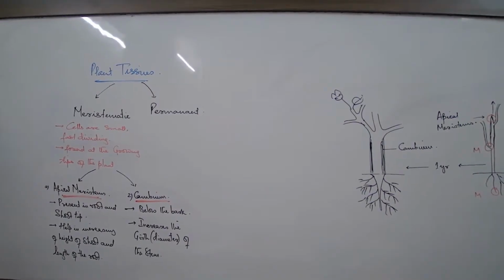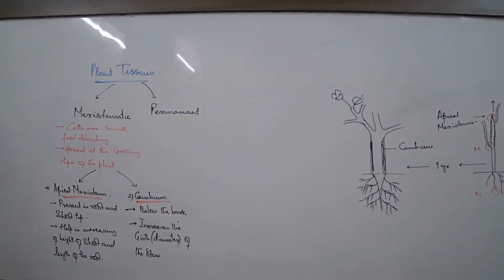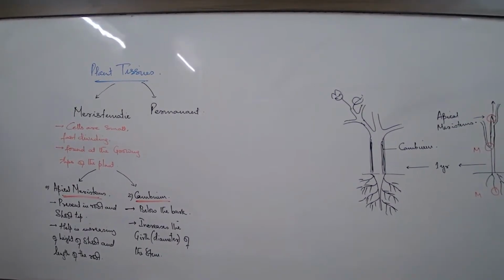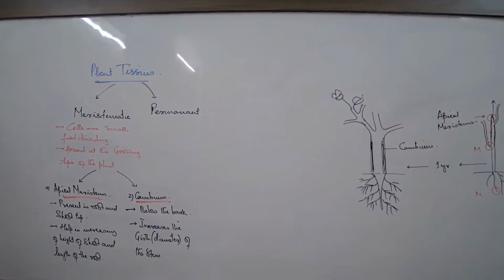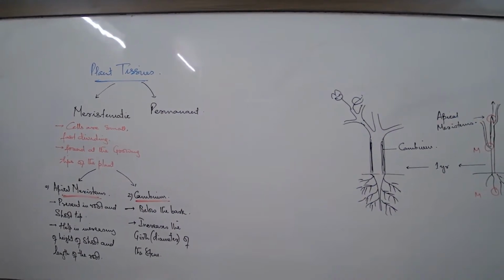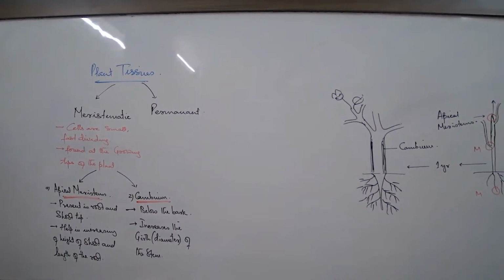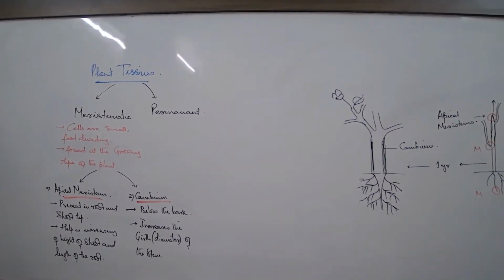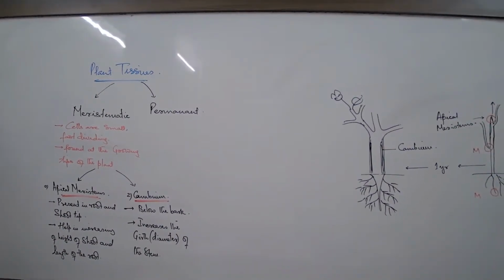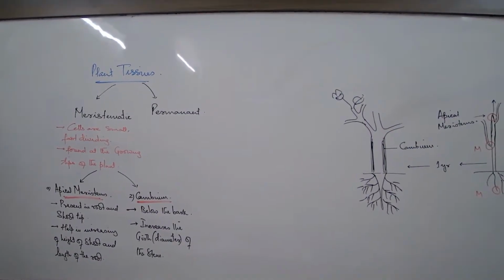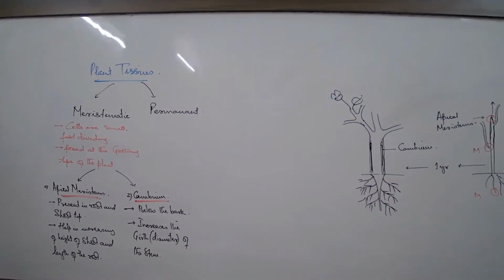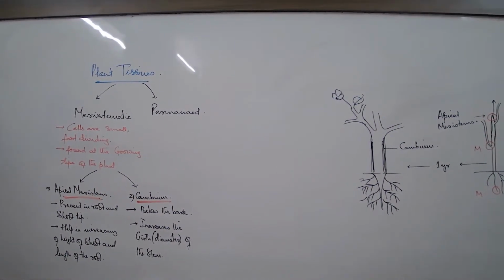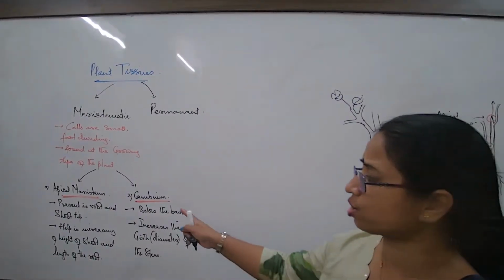So what is the common feature between the cells of the cambium and the apical meristems? Can you tell me now? They are small, fast dividing cells and help in the growth of the plant. That's the common feature.